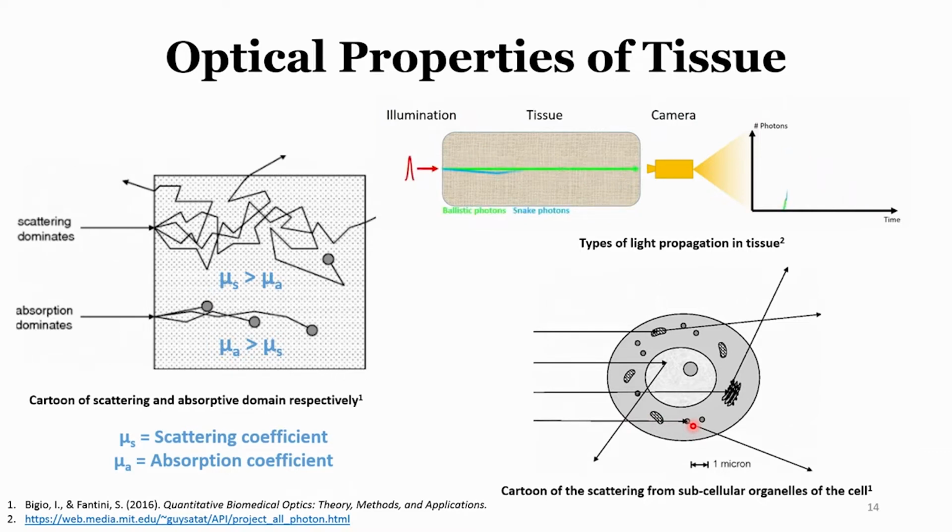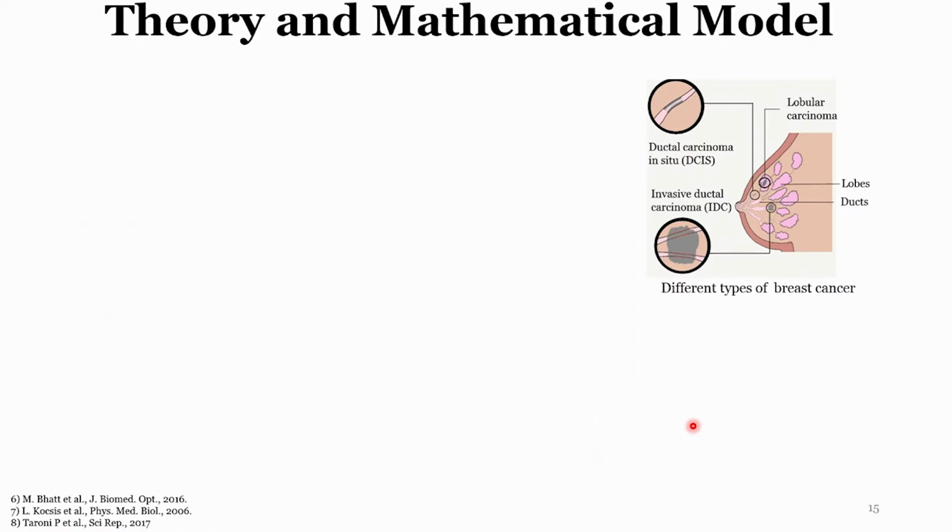So, this is what happens microscopically once the light interacts with the tissue. This being just a cartoon, but eventually there are a large number of cells present and this occurs in a lot of instances. So, let us go forward and see how the theory and mathematical modeling happens for the light tissue interaction.